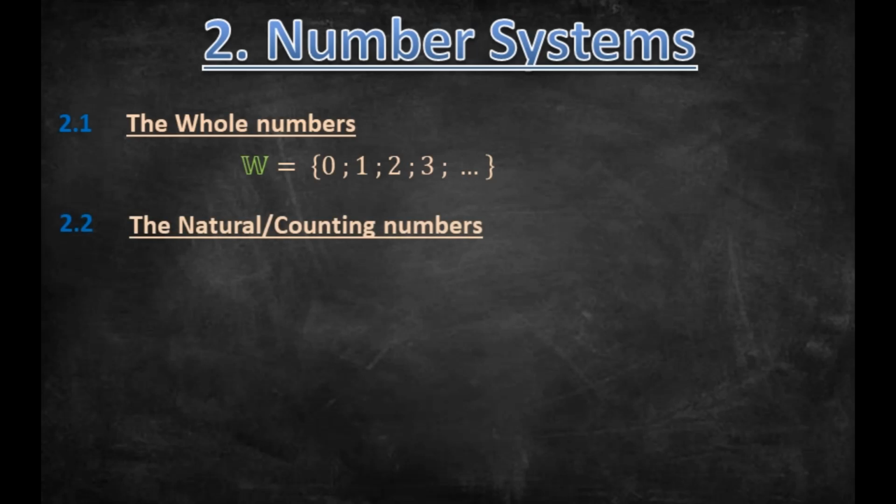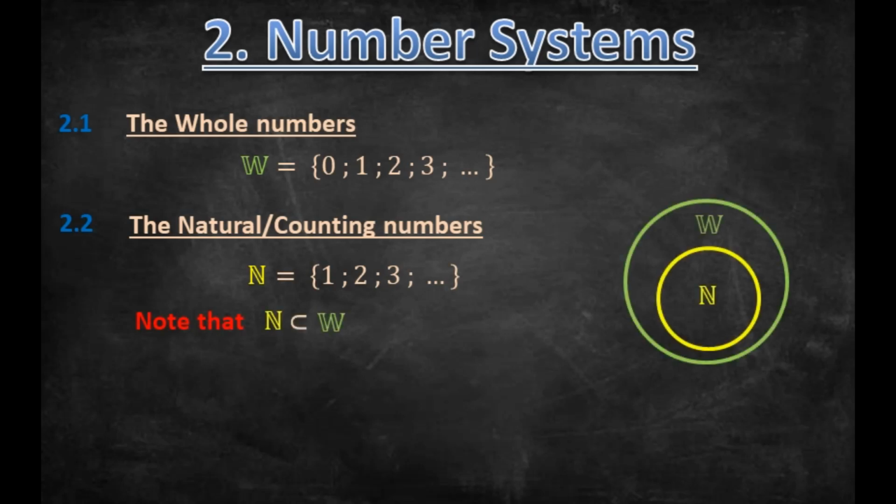We use the symbol N for the natural numbers, and basically the natural numbers consist of all the whole numbers excluding 0. Note that the natural numbers form a subset of the whole numbers because all the natural numbers are contained in the whole numbers.